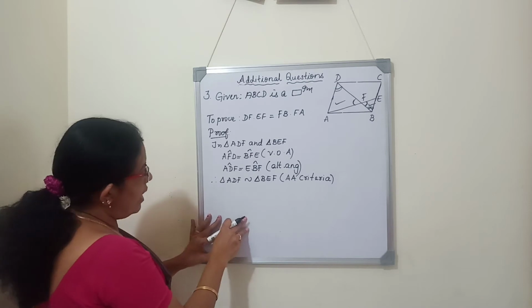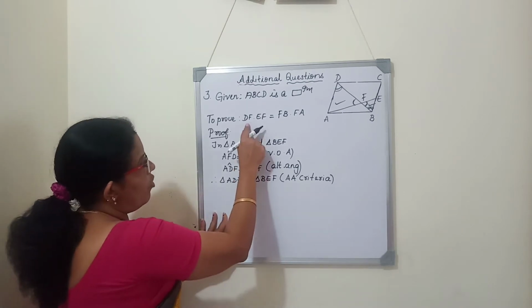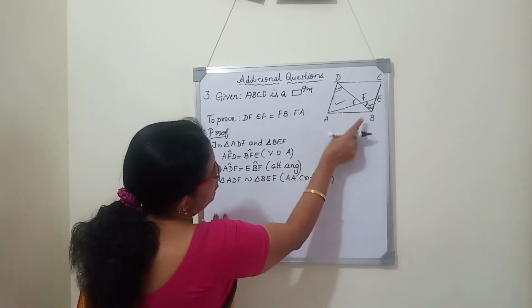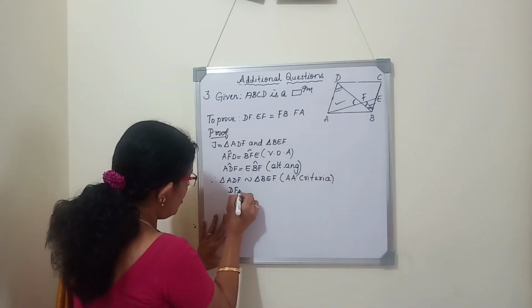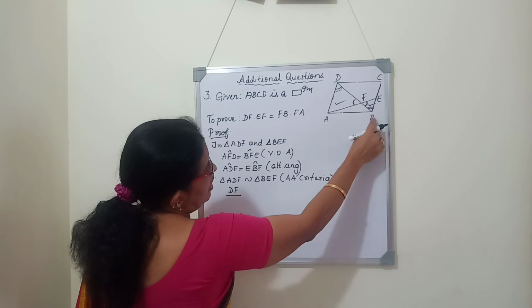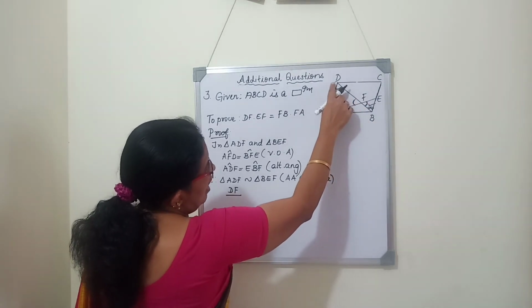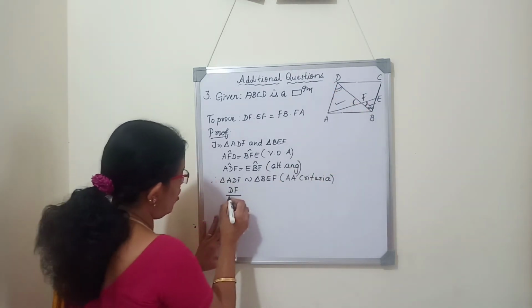Now when we write the ratio of the sides, we will start from the alternate angle. First we write DF. The side corresponding to DF is BF, because D and B are the alternate angles.